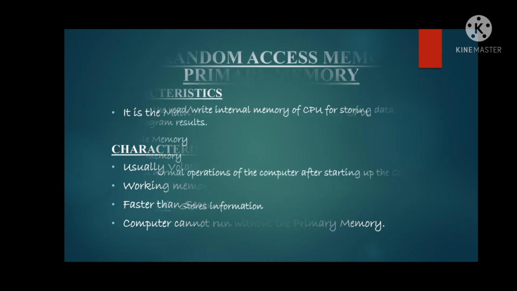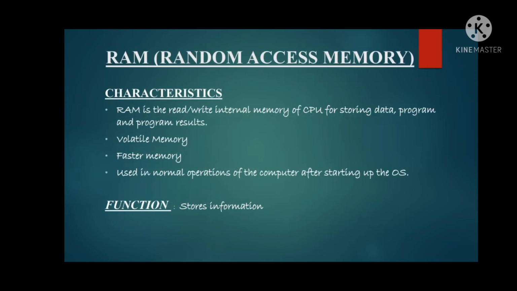The next one is, let us learn how the primary memory is divided. As I told you, we have RAM and ROM in this. Coming to RAM, it's random access memory. As the name says, it's the read or write internal memory of the CPU.